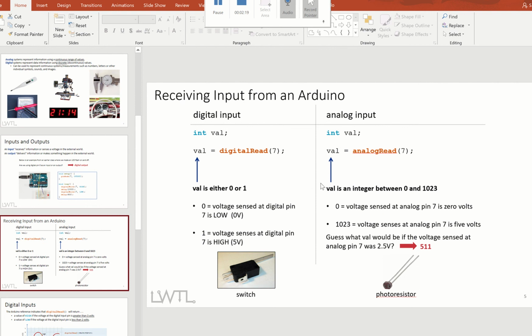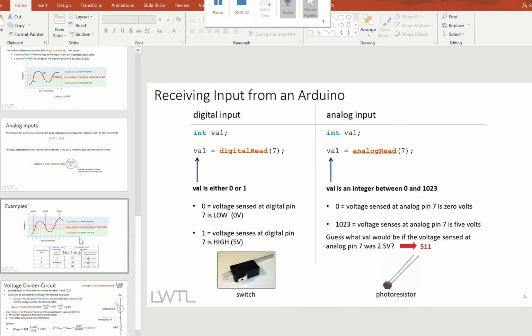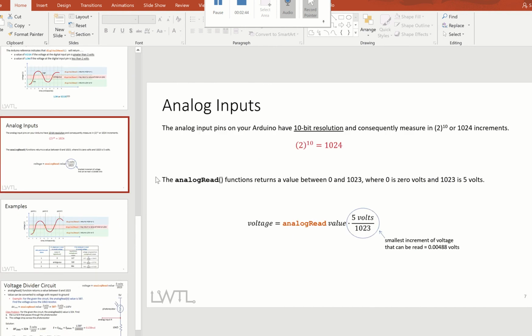It's no longer 0 or 1. When you read 0, the analog input has 0 volts. When you read 1023, that means you get 5 volts. So a higher voltage corresponds to a higher analog value. 5 volts corresponds to 1023.